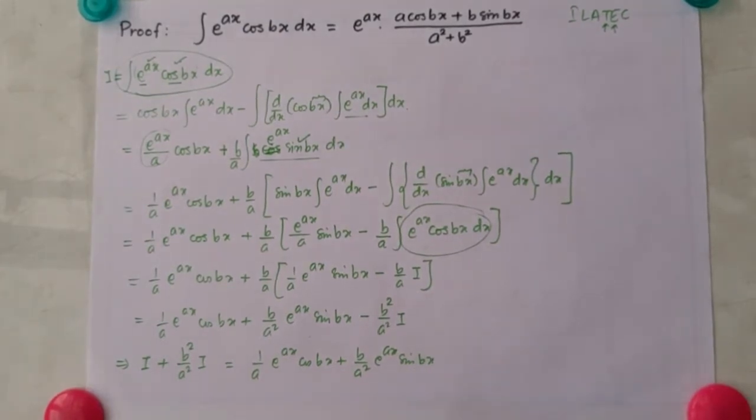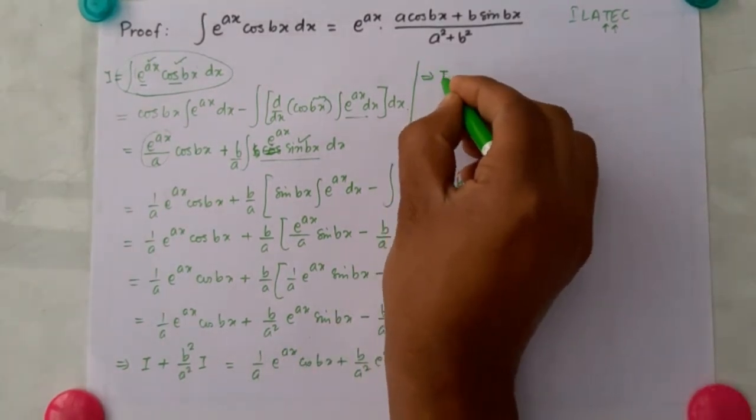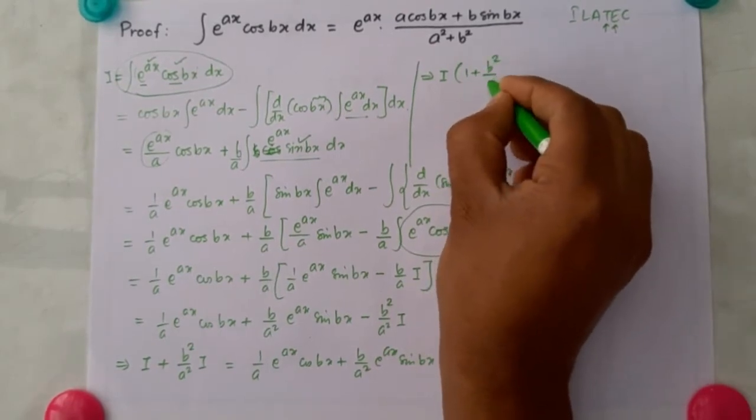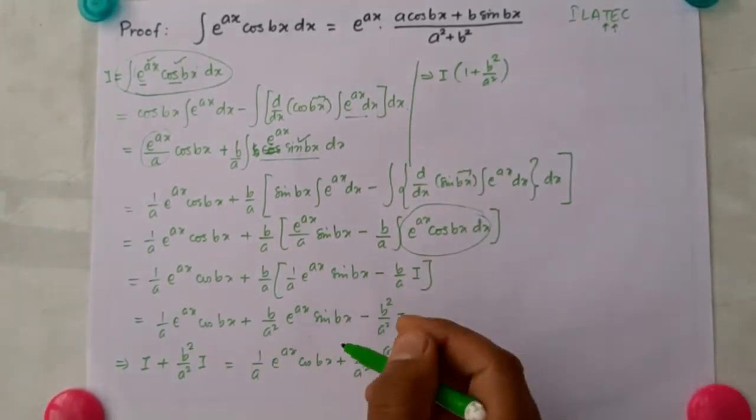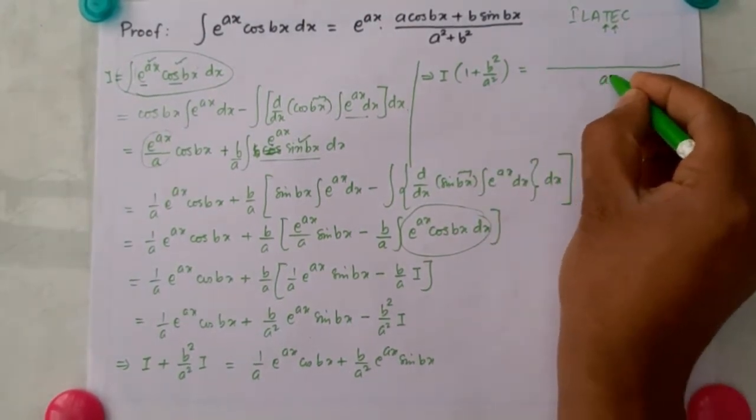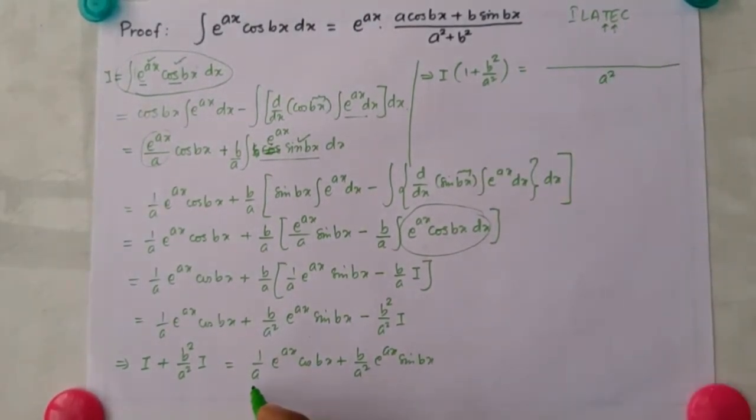Okay, now let's simplify this way here. Now the I is common here, isn't it? So if I is common, so this can be written as 1 plus b square by a square in the left hand side. So in the right hand side you see that a square is the LCM. Okay, so first let's simplify.